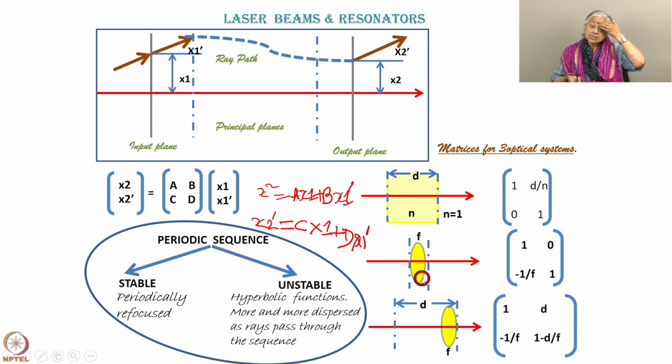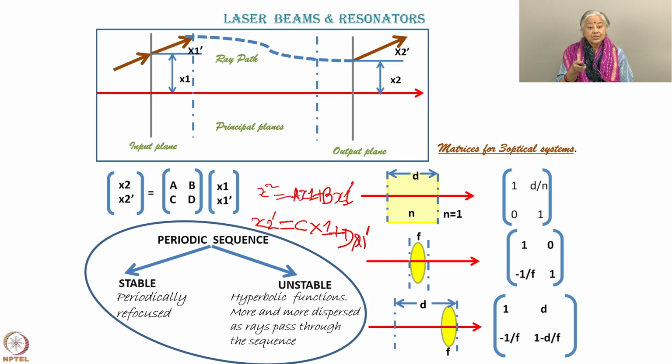Now, suppose I have a system between these two dashed lines with the same lens here, but it is kept at a distance d. Then the matrix would be 1, d, minus 1 by f and 1 minus d by f. So, 1 minus d by f is d, 1 is a, okay, and b is d, and c is minus 1 by f. So, you get the hang of it.